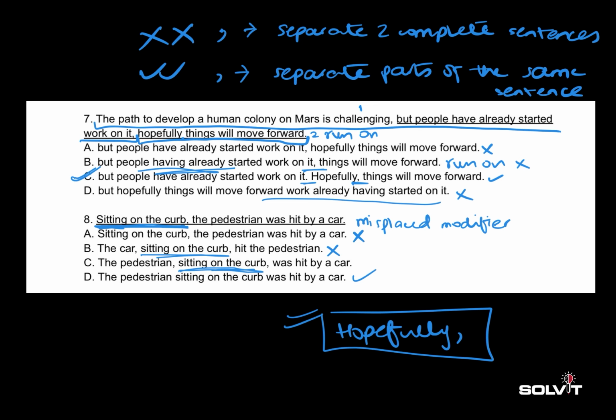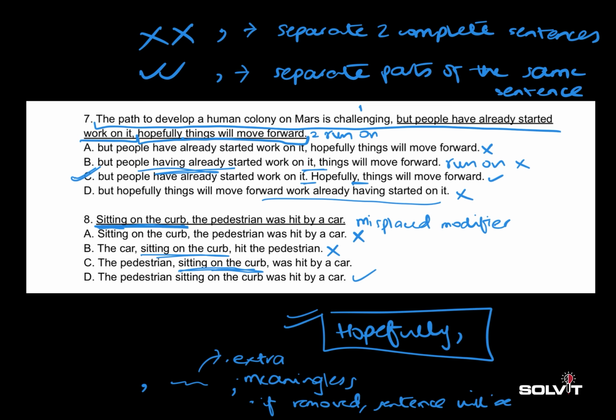Okay, so remember, whenever in a sentence we put a phrase or a word between commas, this means that this information within commas is extra, it's meaningless, and if removed, the sentence will be the same.